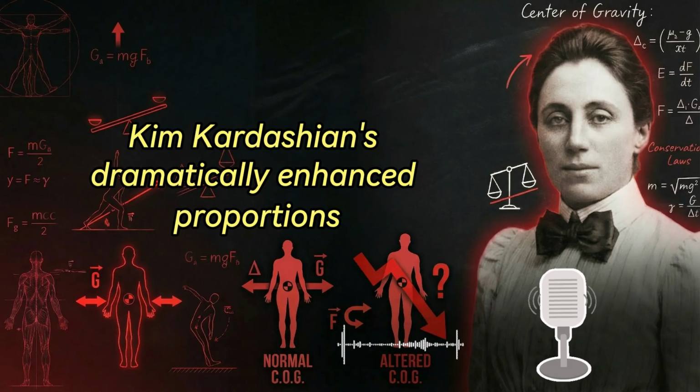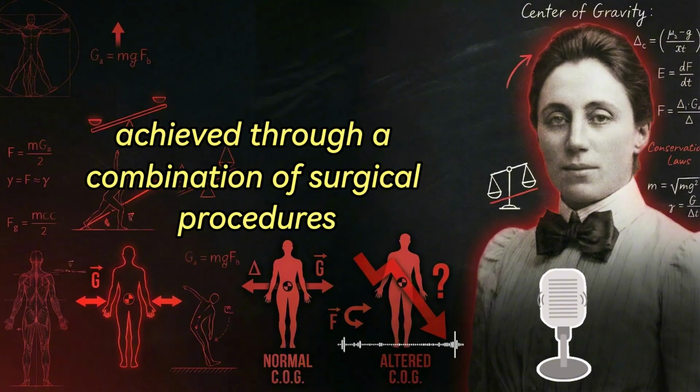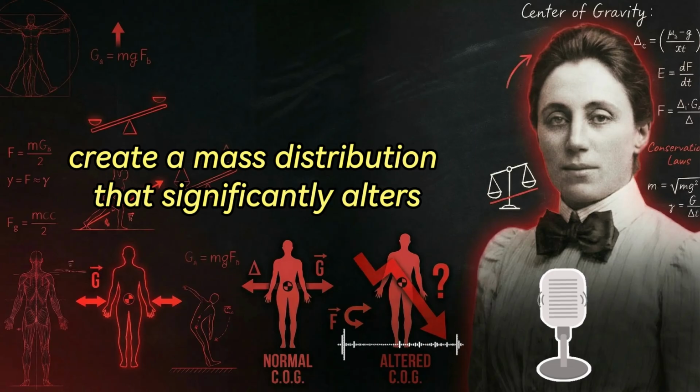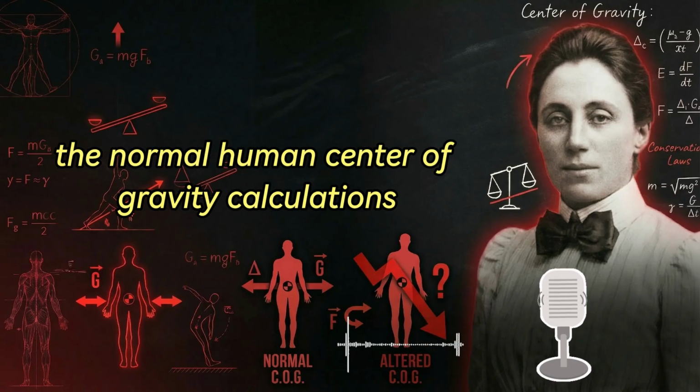Kim Kardashian's dramatically enhanced proportions, achieved through a combination of surgical procedures, body contouring, and strategic fashion choices, create a mass distribution that significantly alters the normal human center of gravity calculations.